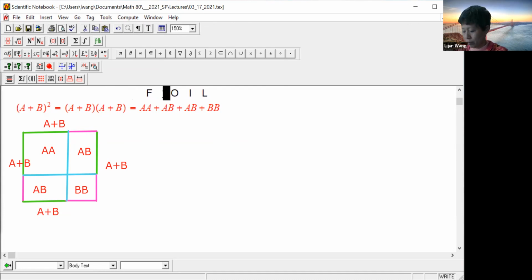So if you forget about FOIL, I hope this will be a decent review for you. Got it? Are you guys with me? Get it? So FOIL or geometric meaning? Geometric meaning. Okay, the total area is the sum of these 4 small pieces.